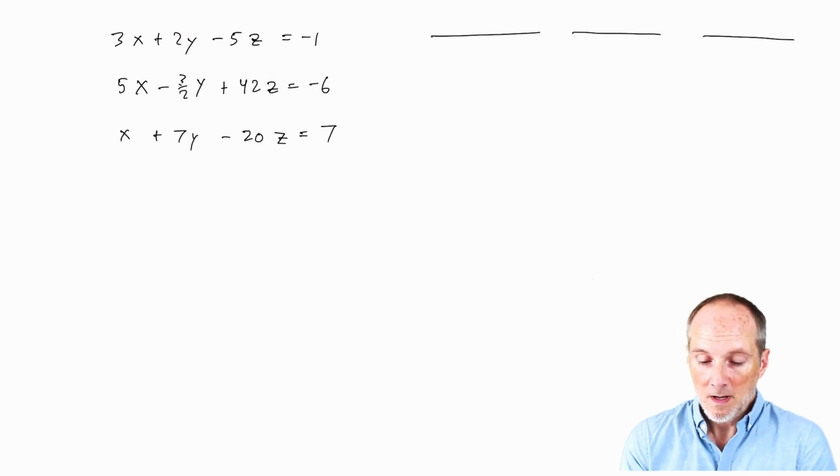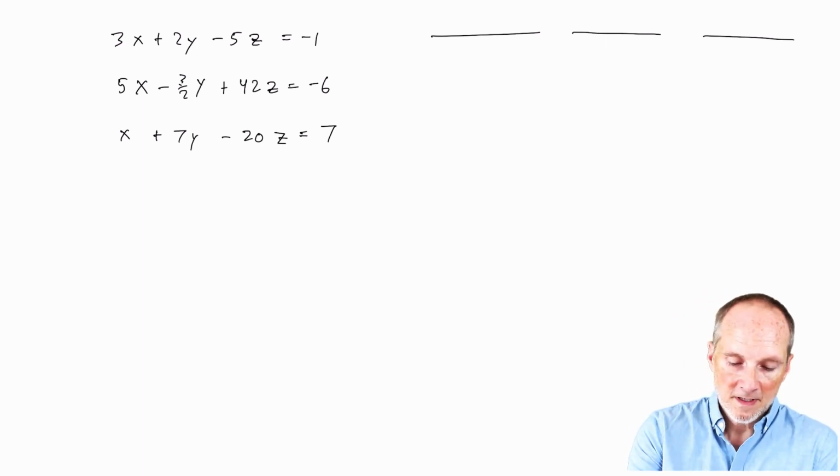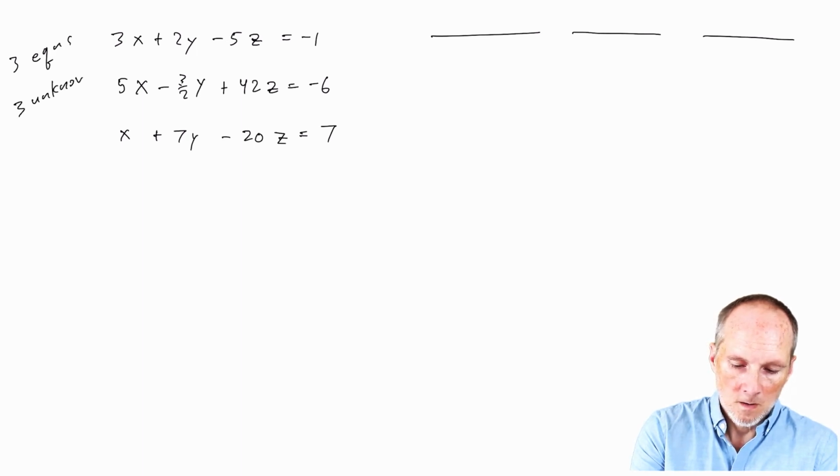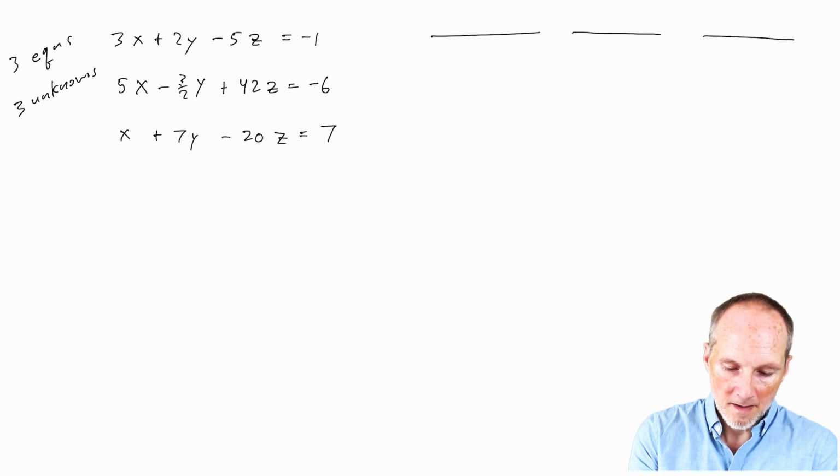But I just want to say you could go even further than this. You could have, instead of three equations and three unknowns, any number of equations in any number of unknowns. Let's stick with the same number though.